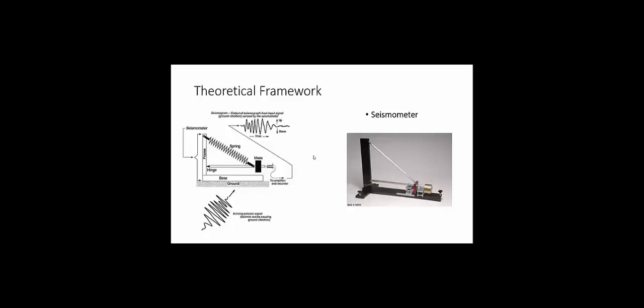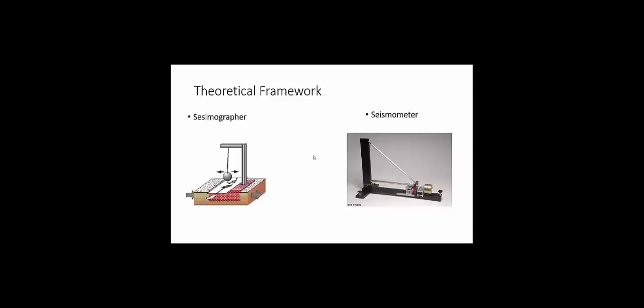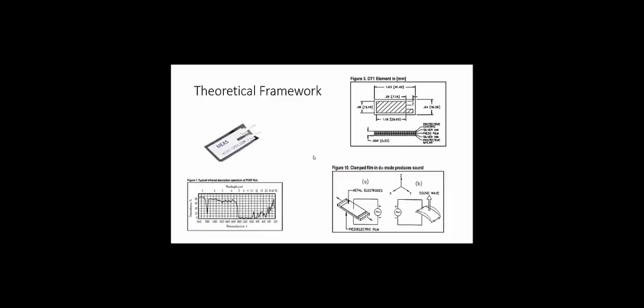But we are not going to amplify the signal. We only want to make an alert when a very strong movement is happening. So we are going to make a seismometer.